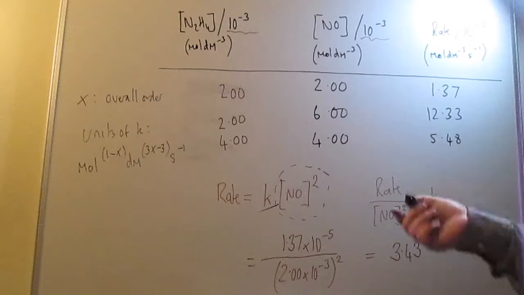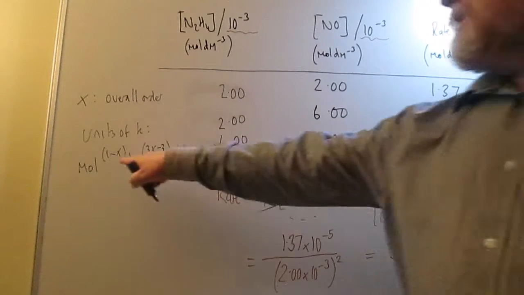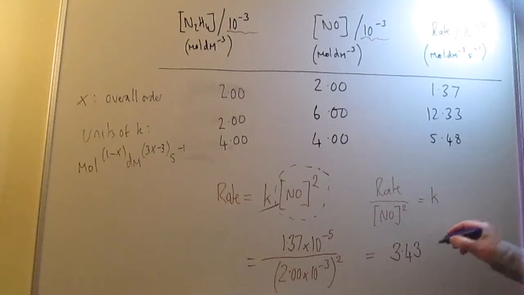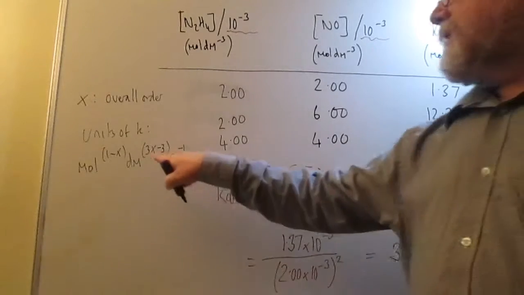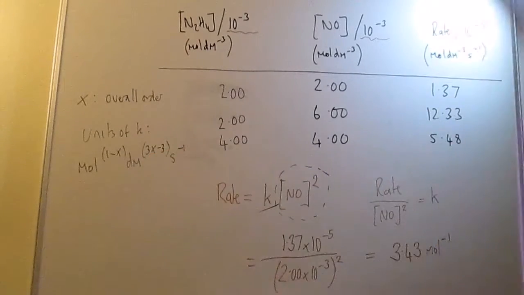So, as I say, in our case x is 2, so 1 minus 2 is minus 1, so it's moles to the minus 1. 3 2's are 6, minus 3 is 3, so dm to the power plus 3 seconds to the minus 1. And that's your full answer.